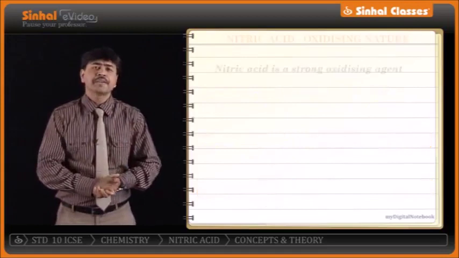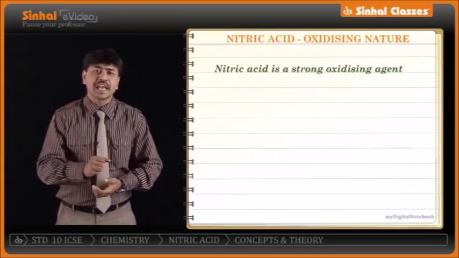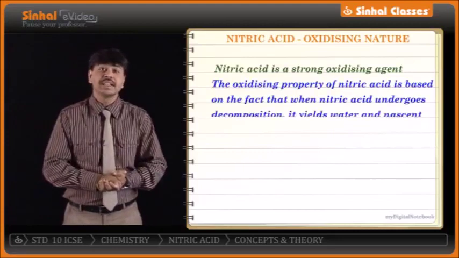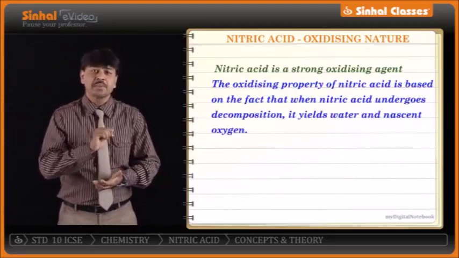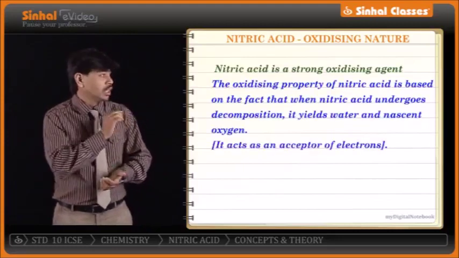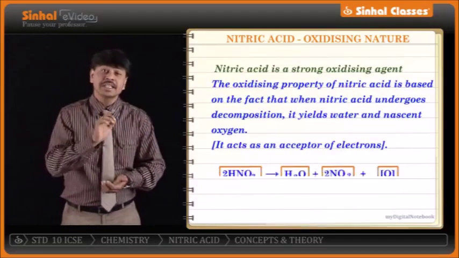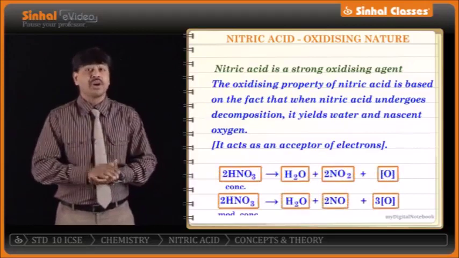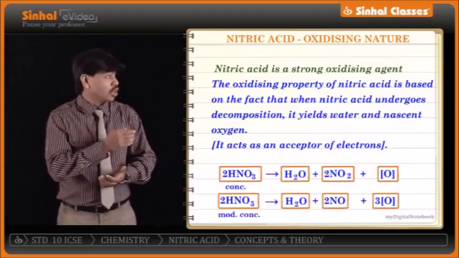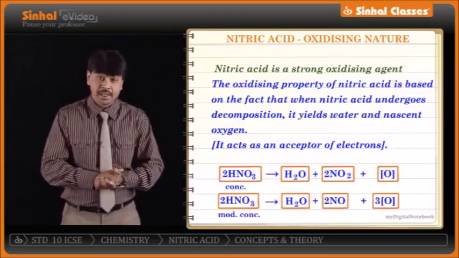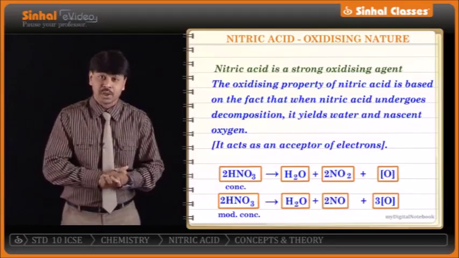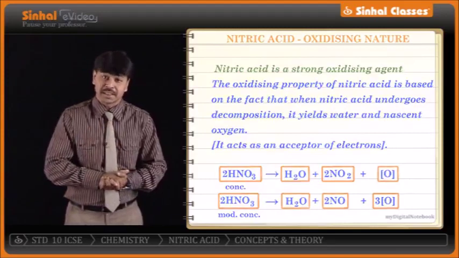Nitric acid is a very strong oxidizing agent. Now why? Reason for that is nitric acid decomposes to give you water, NO2, and release nascent oxygen. This nascent oxygen has the capacity of oxidizing a non-metal, a metal, inorganic compound, as well as organic compound. Let us take few examples and understand this.